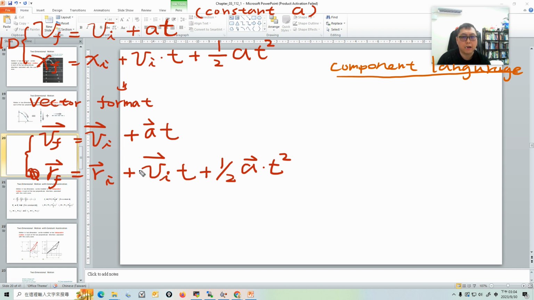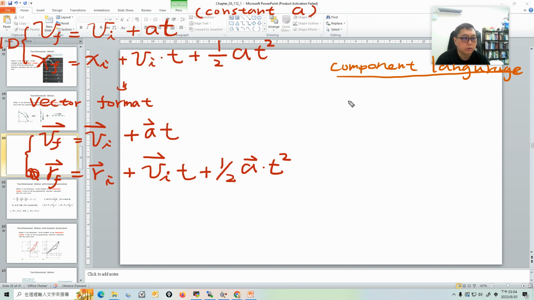Using the vector form to do the calculation is very difficult. So in component language, what will the equations of motion look like? We just use two-dimensional motion as an example because it really can extend to three dimensions.